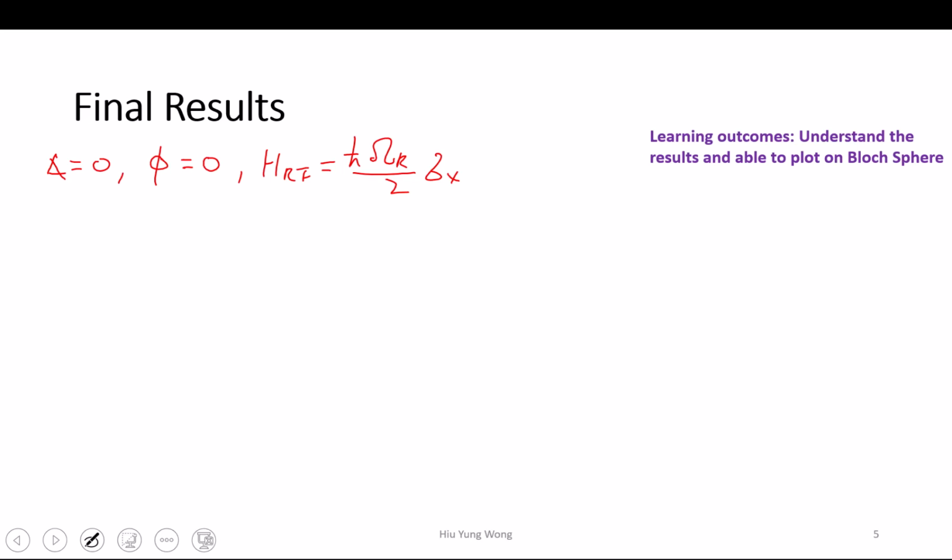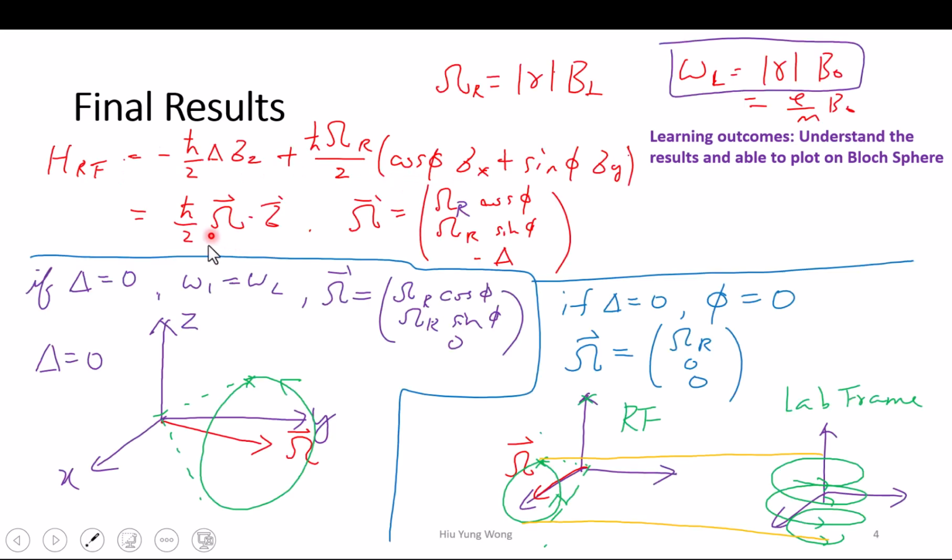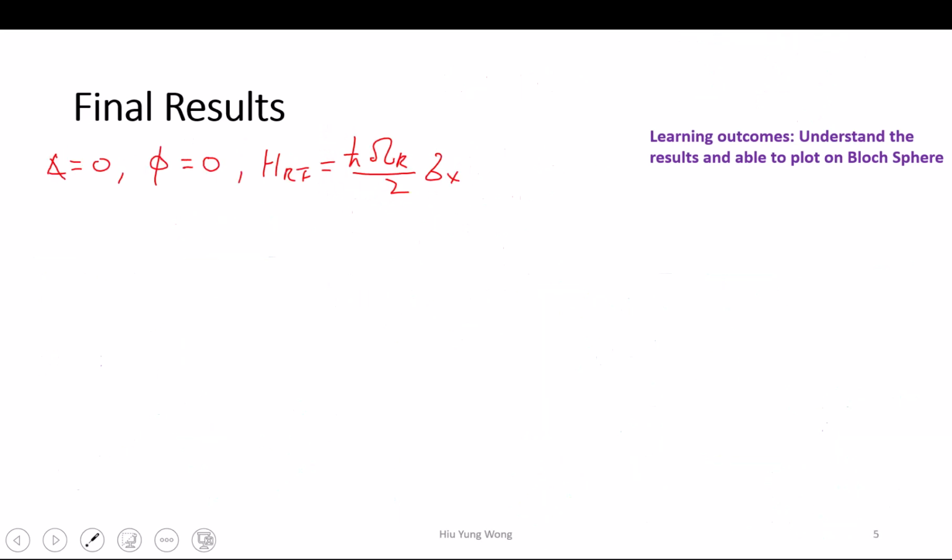Maybe you cannot follow, so think about this. Hamiltonian is still h bar divided by 2 omega dot sigma, right? But now it's omega R, 0, 0. So when you do the dot product, this term is gone, this term is gone, right? So you have h bar omega R over 2 sigma x, right?